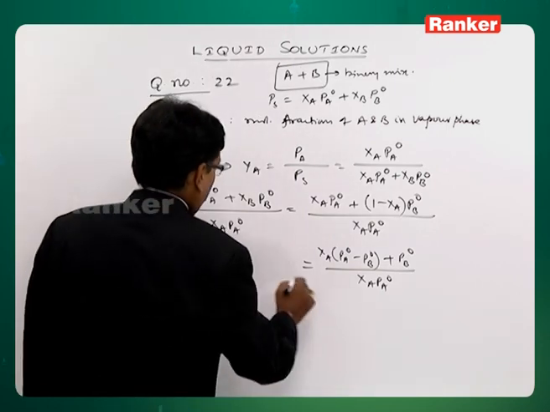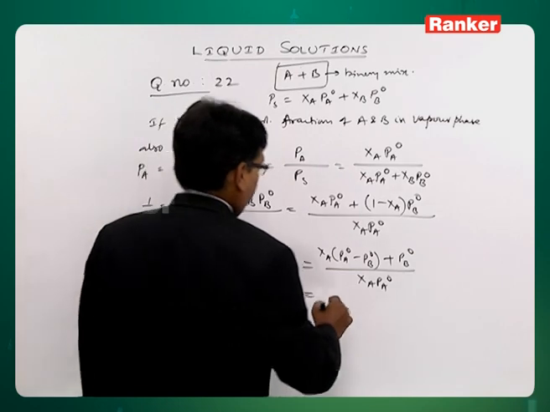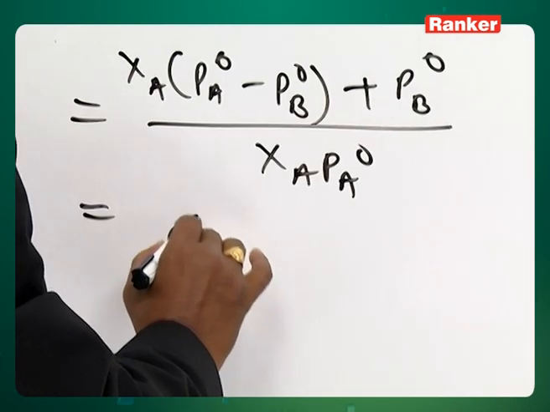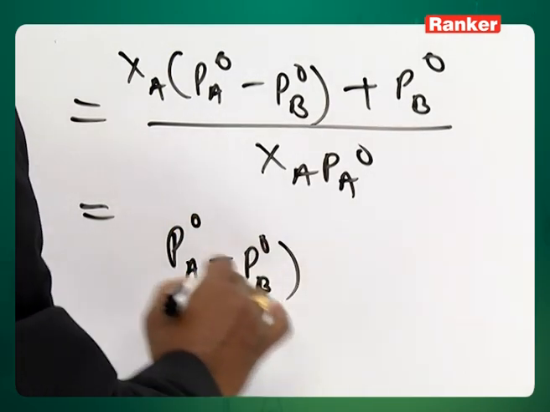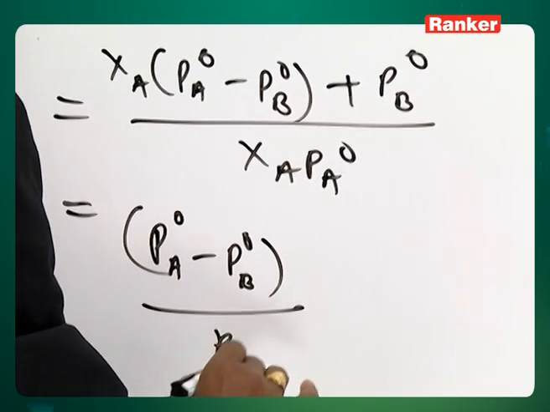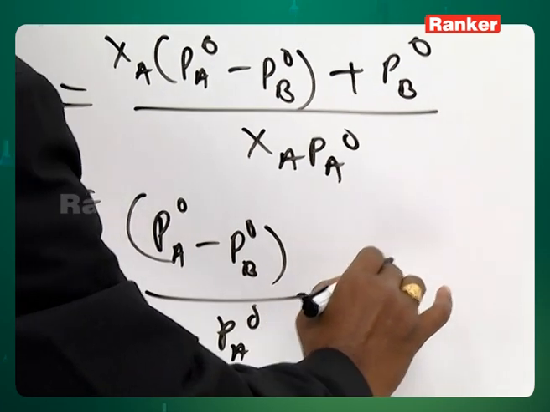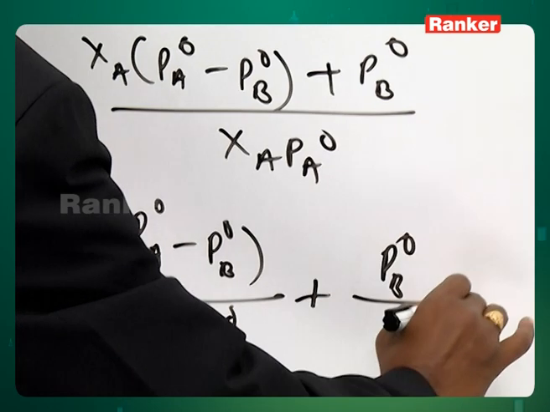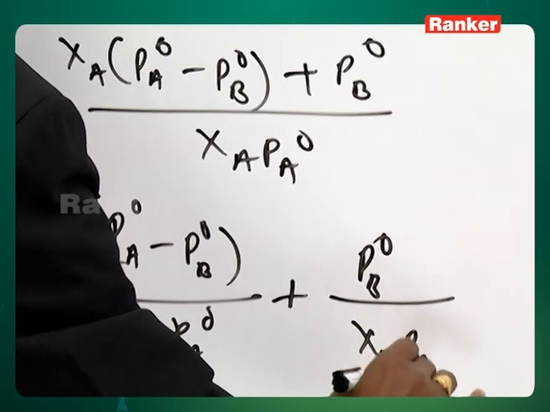If I divide it, I will get Pa naught minus Pb naught by Pa naught plus Pb naught by XA Pa naught.